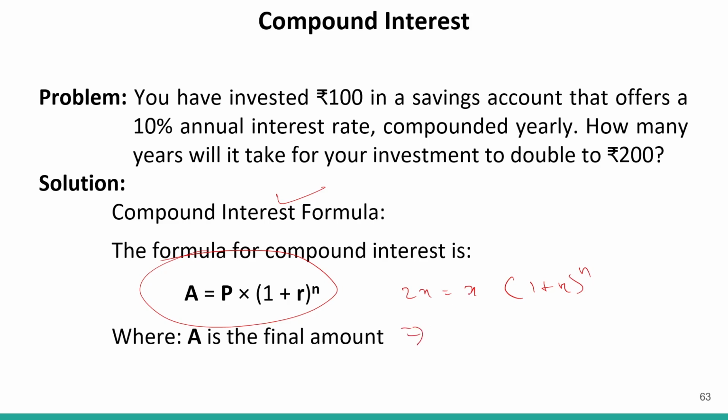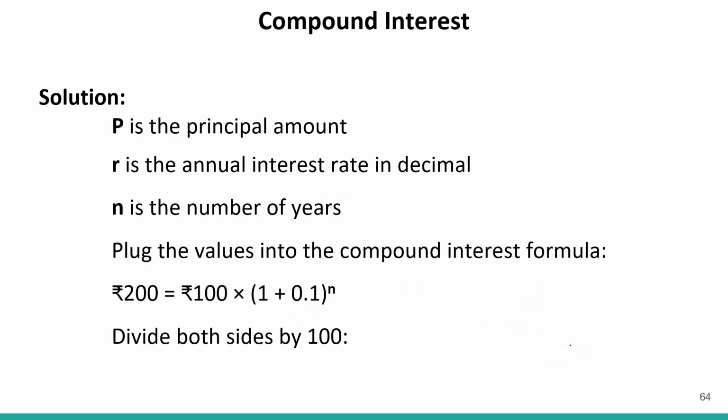So X is cancelled out. So 2 is equal to 1 plus 0.1, that is 1.1, whole power N. Then N is equal to what?